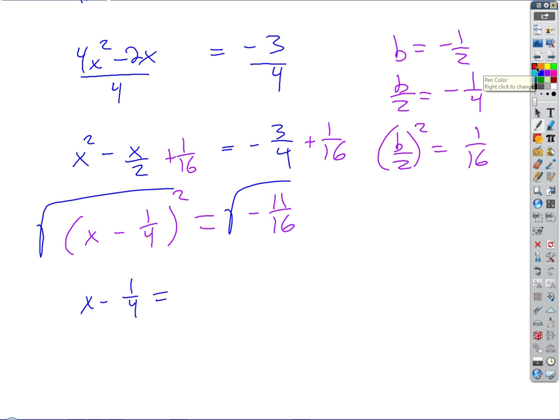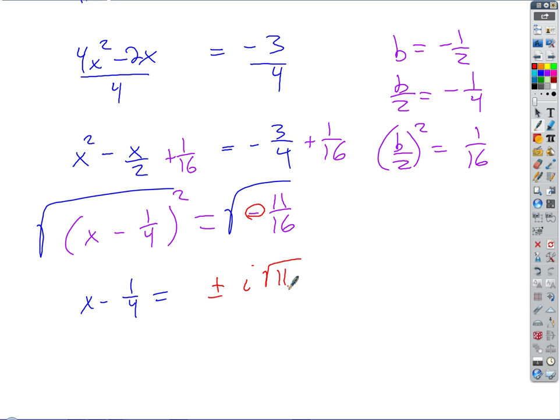Good. We've got a negative sign under the radical, and so we know that's going to turn into an i. So we're going to get a complex solution. That's fine. What else do we need for square rooting both sides? Plus or minus. So we got plus or minus i times the square root of 11 over 16.